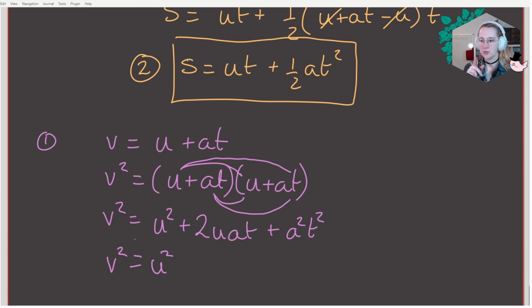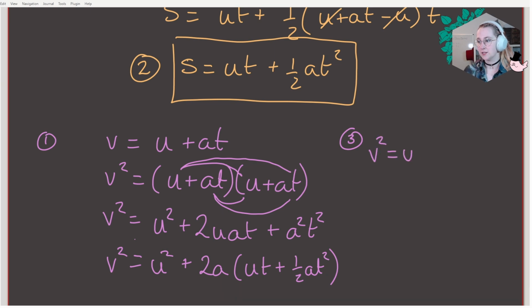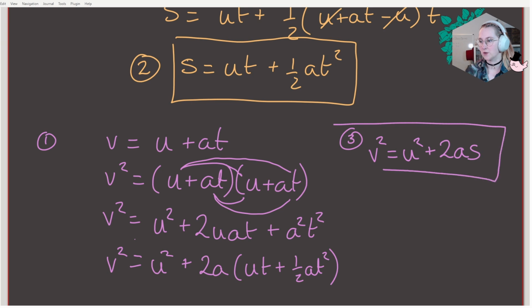Then we've got 2uat plus a squared t squared. Well, that looks really similar to equation 2. So let's manipulate it: take the 2a out, and that gives us ut plus half at squared, which is precisely the thing from equation 2. So equation 3 is v squared equals u squared plus 2as. I'm going to write all these out nicely, don't worry.